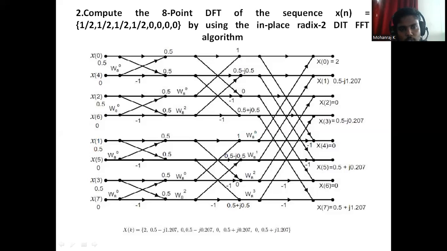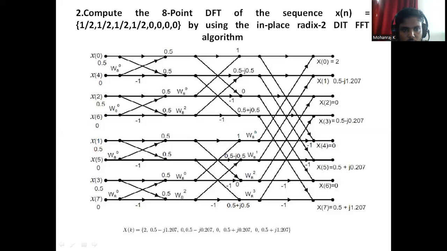Here W^0, W^2, W^1, W^3 are called twiddle factors. W^0 is 1 everywhere. Substituting: W_8^0 equals 1, W_8^1 equals 0.707 minus j 0.707, W_8^2 equals minus j, and W_8^3 equals minus 0.707 minus j 0.707.